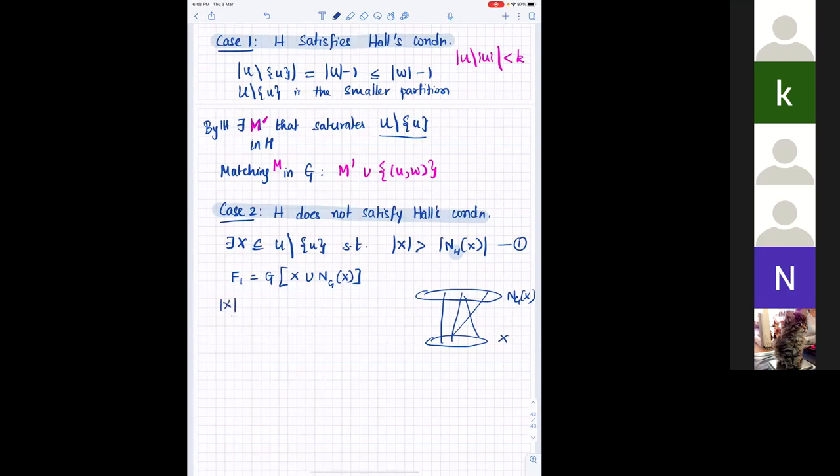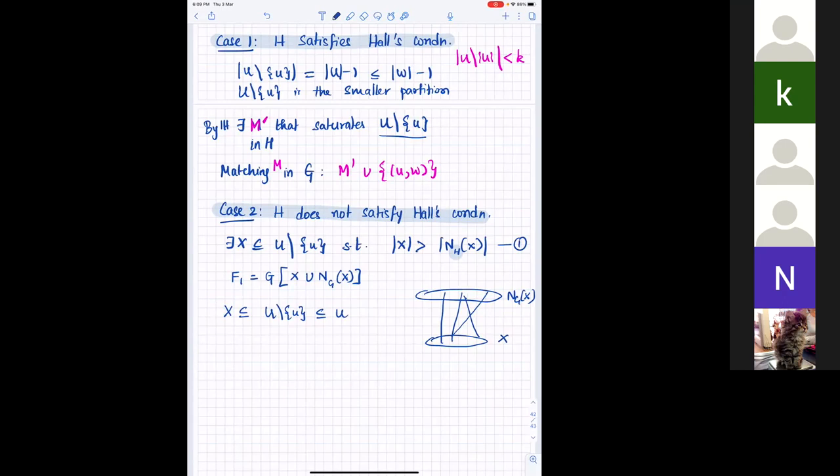What can we say about the cardinality of X, or about the set X? We know that X is a subset of U minus W, which is again a subset of U. So I know that X is a subset of U.